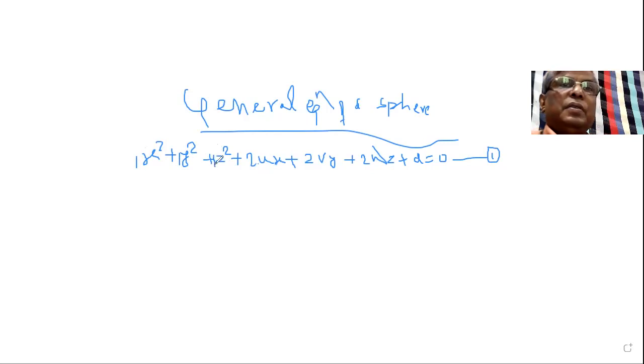Means in the general equation of a sphere, the coefficients of x square, y square and z square are always equal, and it does not contain the terms x into y, y into z and z into x.